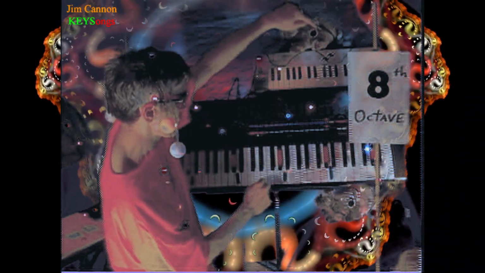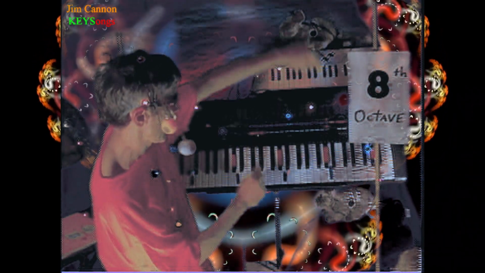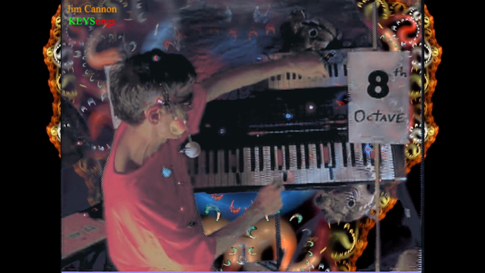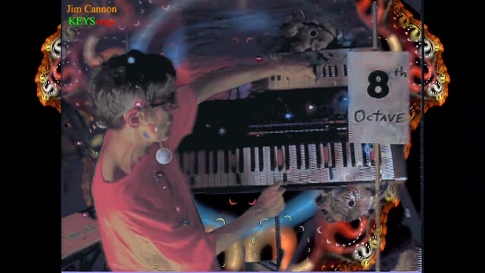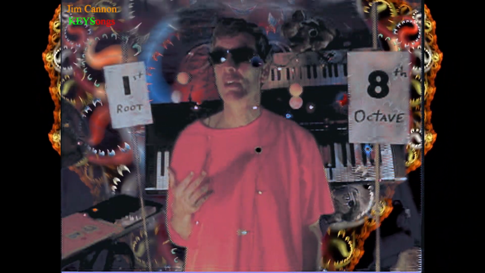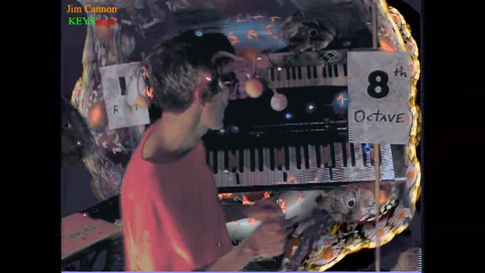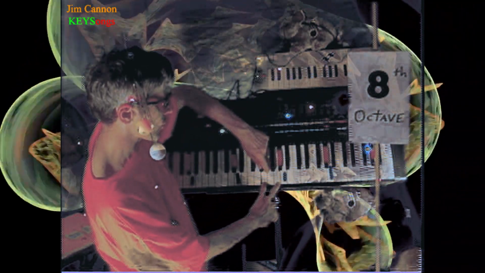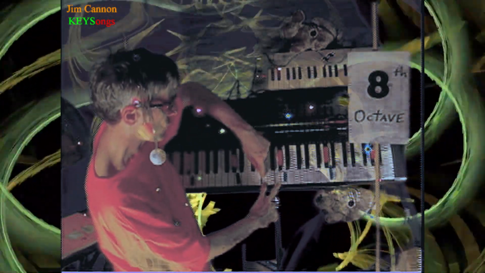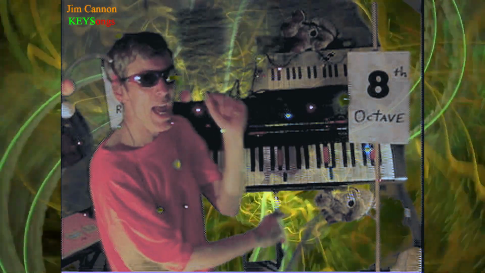E, E, E, G, G, G. If I'm playing an E here and a G here, I am playing an m3 apart. I'm actually playing an interval apart. The reason I am is because I'm playing with 2 notes in between. F and G sharp in between. E and G make an m3.